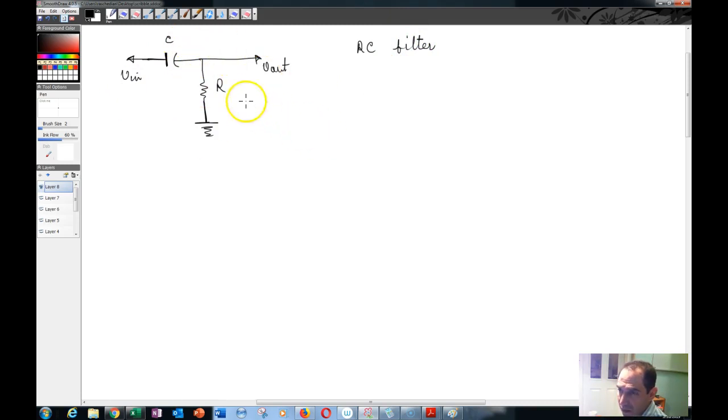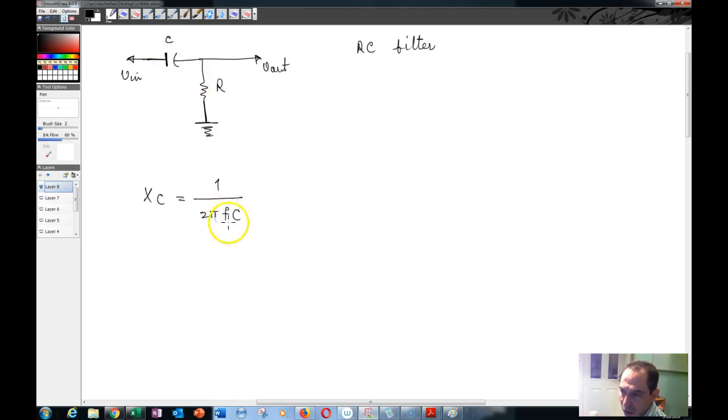So what it does is that depending on the frequency of this incoming signal, your output voltage is going to change. And how that changes is that you saw that the reactance of this capacitor X of C was equal to 1 over 2 pi f C, meaning that there is an inverse relationship between your frequency and the reactance of this capacitor.